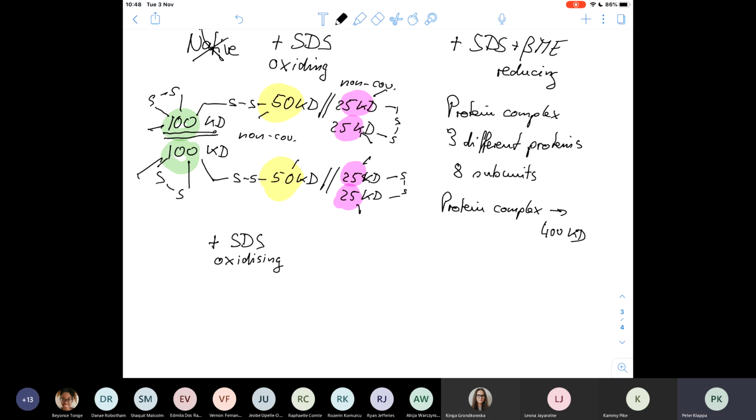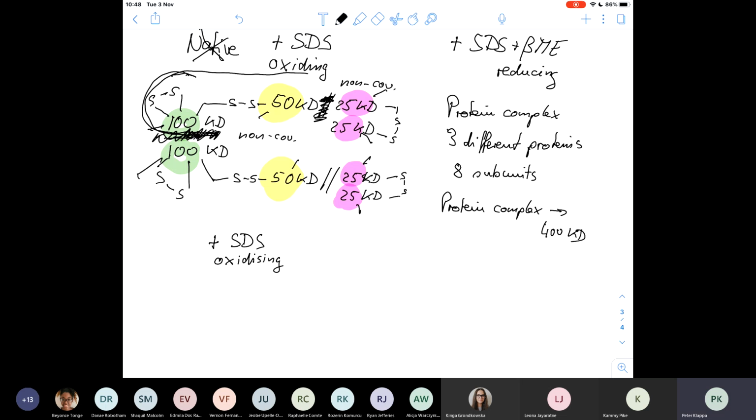Some good answers here. What we would get is the 150 kilodalton. We would break this interaction here between the complex, and we would break this interaction here.